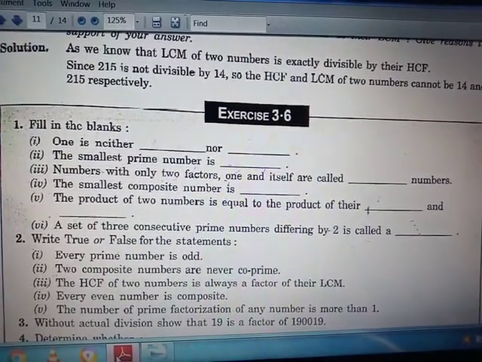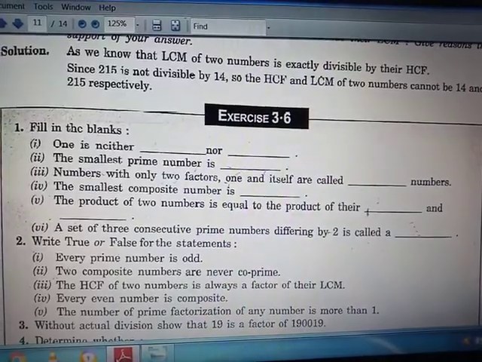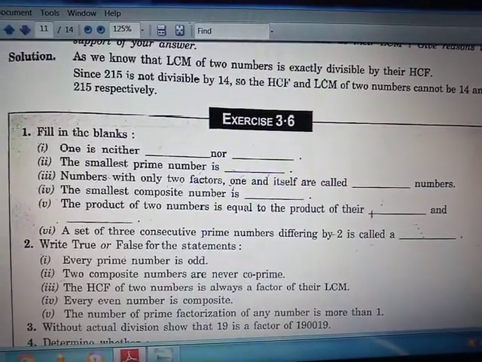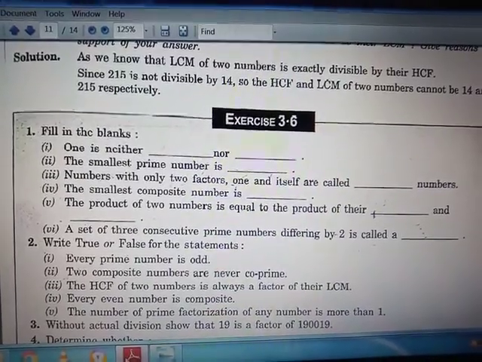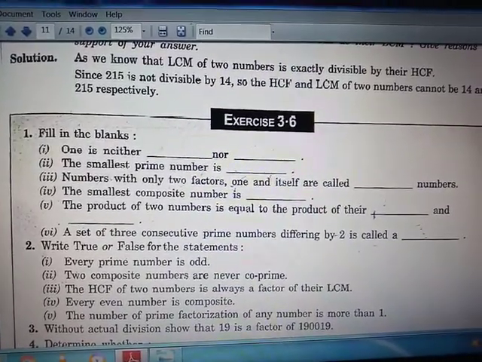Now the fourth part is: the smallest composite number is. Composite numbers are basically those numbers which are formed by the addition of two prime numbers.